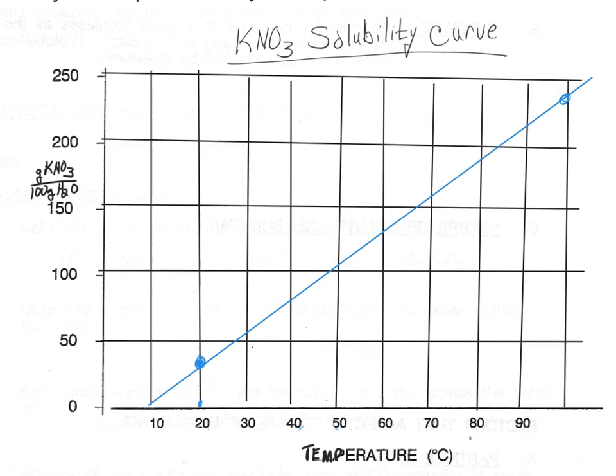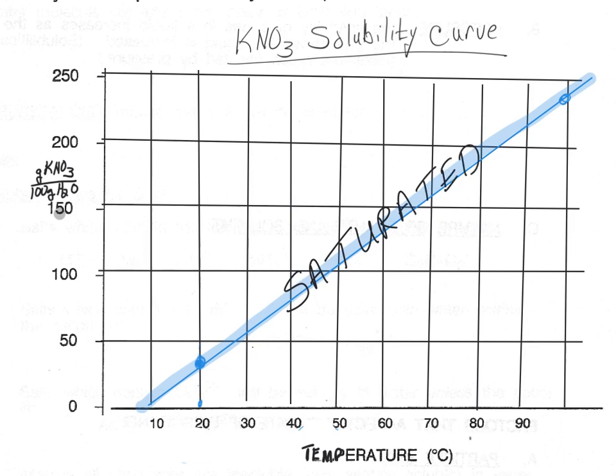And of course, the solubility curve shows us the maximum amount that can dissolve in 100 grams of water at various different temperatures, which means that any solution that is on the solubility curve is going to be a saturated solution. So what happens if a solution does not touch the curve?